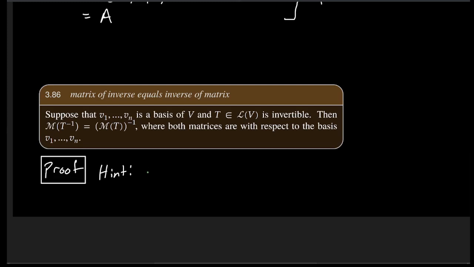Well, the matrix of T times the matrix of its inverse satisfies M_T M_T inverse is the identity. Now maybe we can do something fancy using different bases.